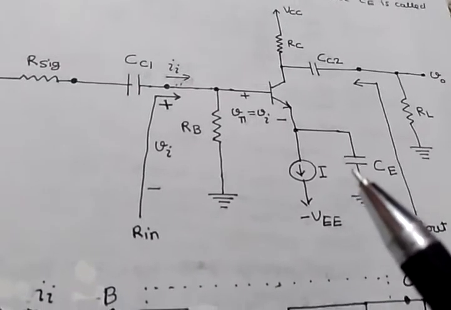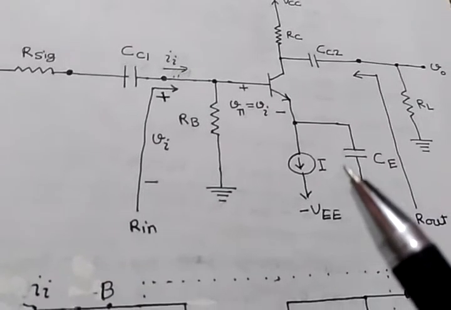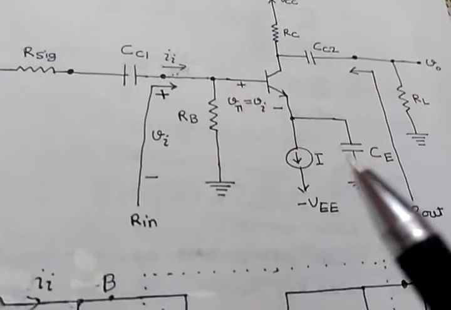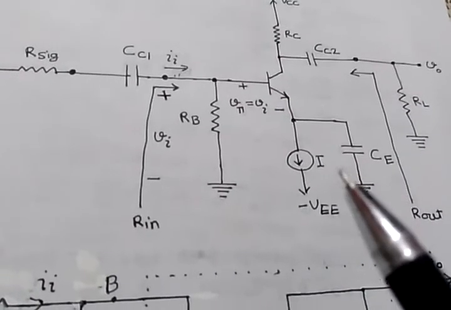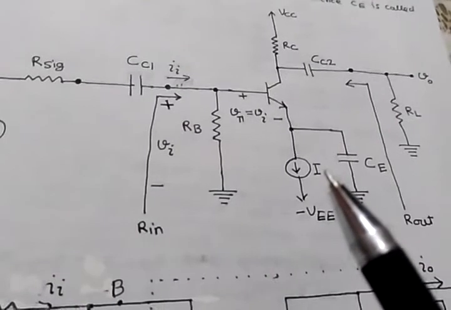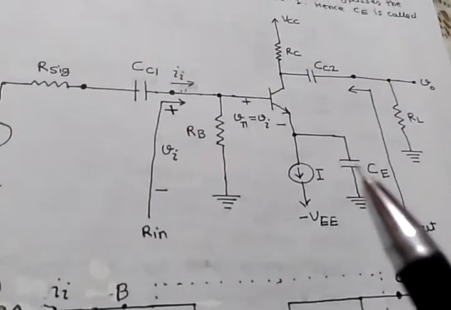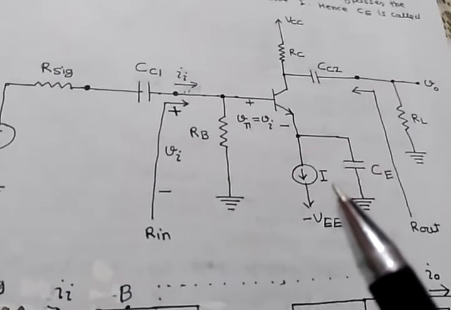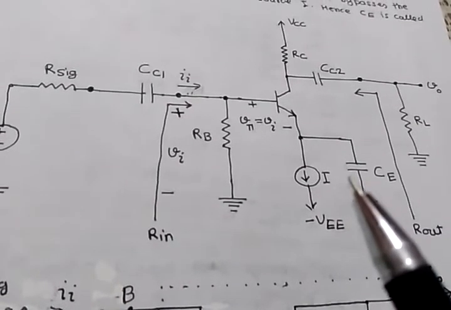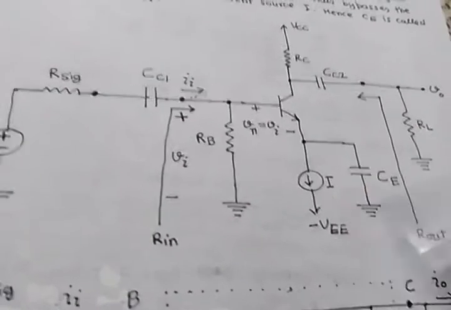We already know a capacitor offers very high impedance for the DC signal and low impedance for the AC signal. For the AC signal, impedance depends on frequency. If the frequency of the AC signal is high, then the impedance offered by the capacitor will be low.